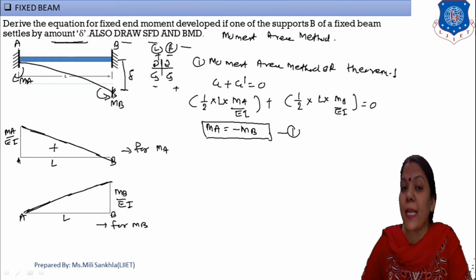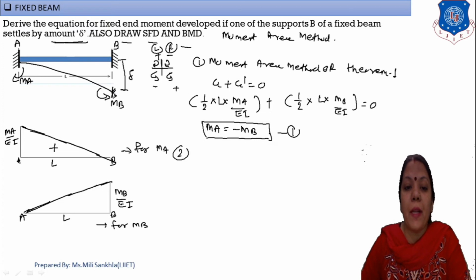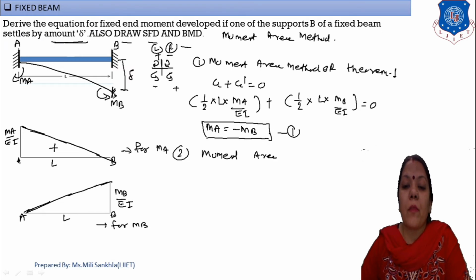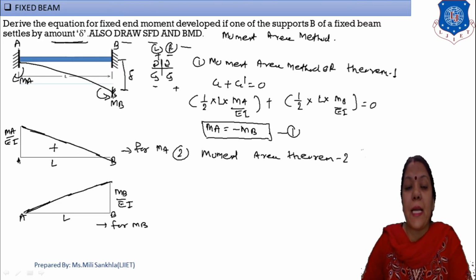Now I use the second theorem. Right here again moment area theorem number 2. Write down moment area theorem number 2. Okay guys, please take care here. Now support B settles down.